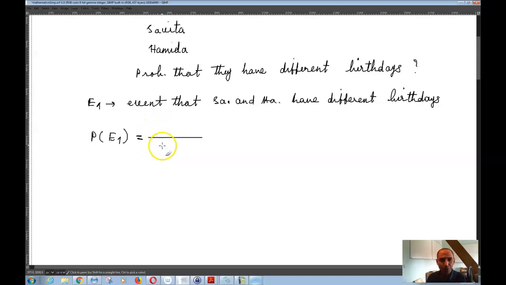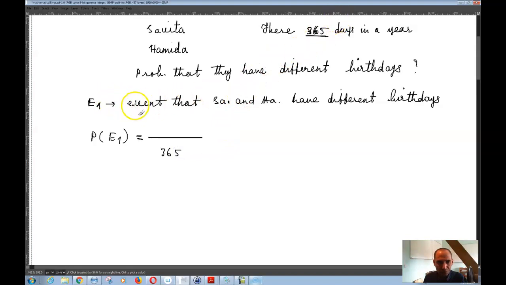The total number of outcomes of the experiment is that you know that there are 365 days in a year. So I can take this as all the different outcomes of the experiment, right?